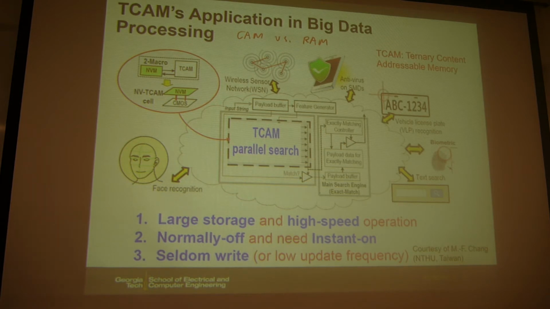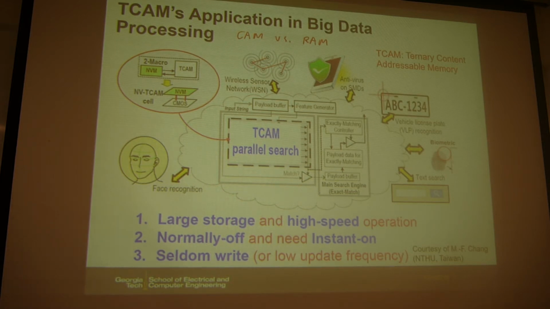The CAM is just the opposite function. You give the CAM the data, and then it will return the address to you. So then you can find whether this data is stored in this CAM or not. So it's good for pattern match, whether you have this pattern stored in this database or not.